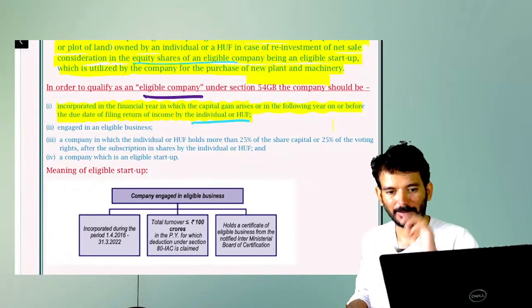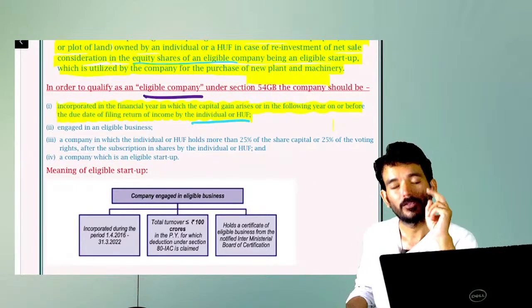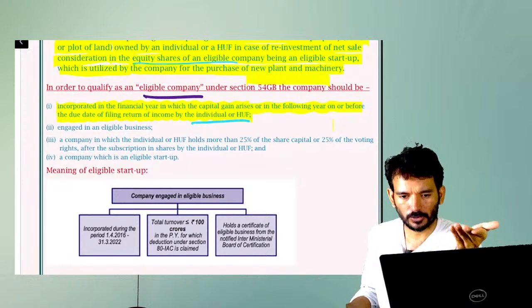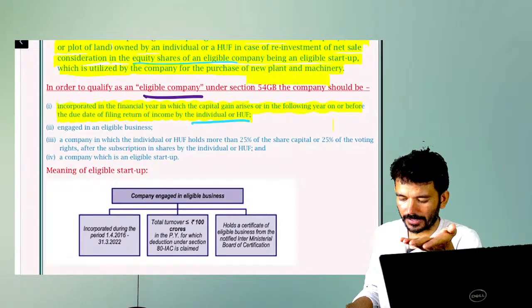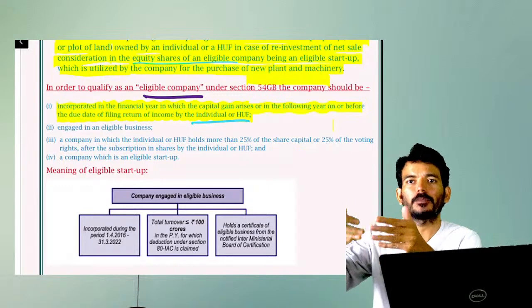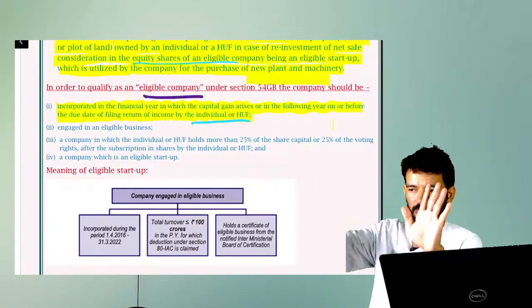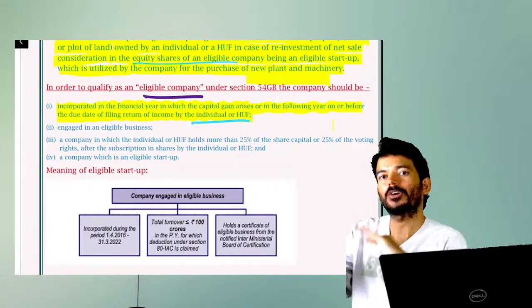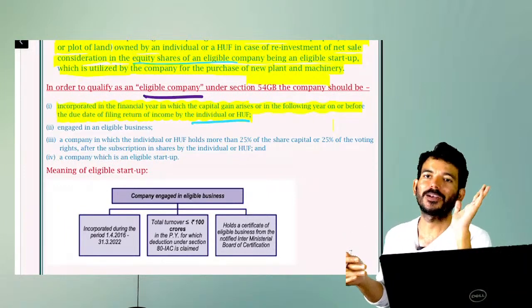As I said, it is applicable only for individuals and HUF. Second thing, if I'm selling it today, in this year only I'll do it, or next year before I file the return of income, like 31st of July, I can float a new company. Means I incorporate a new company.